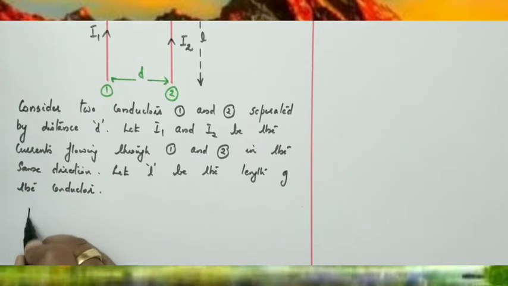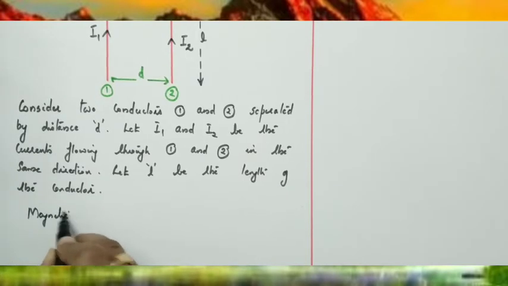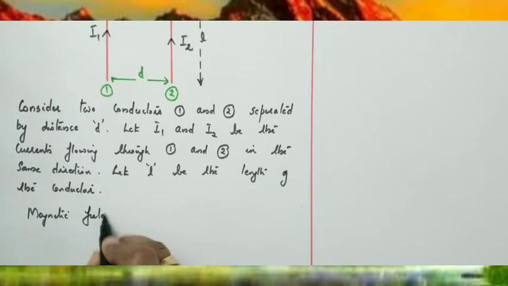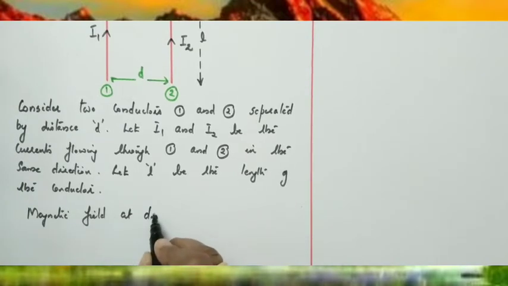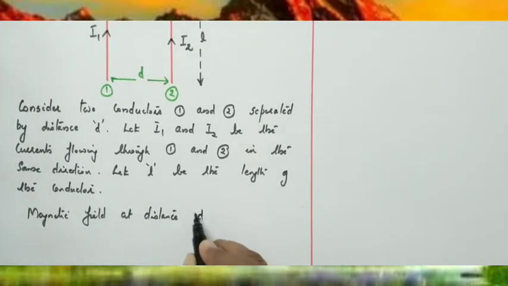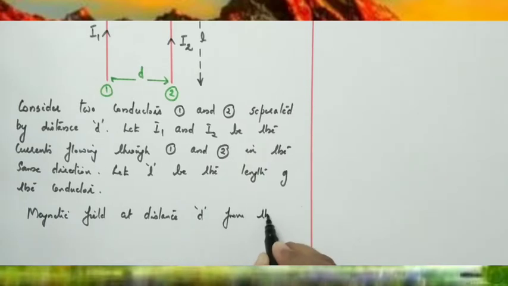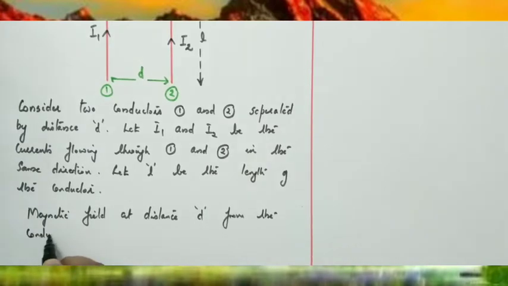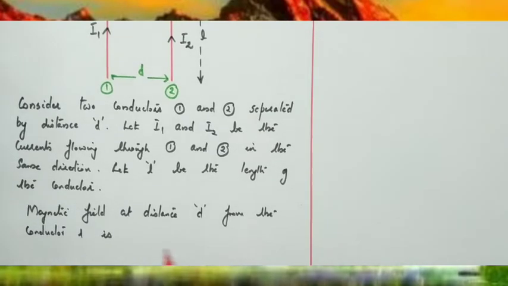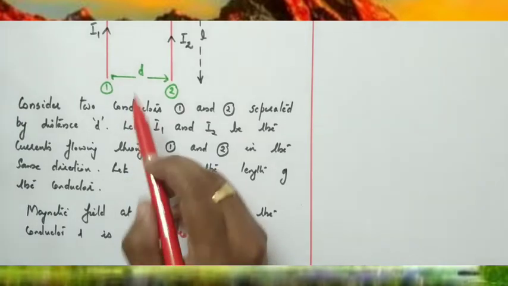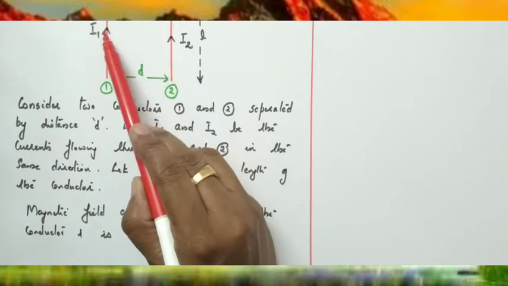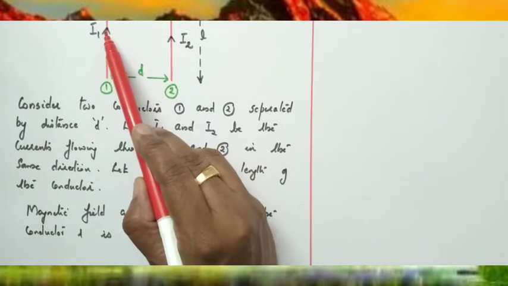So, if we consider the first conductor, the magnetic field at distance d from conductor 1 is given by the formula B equal to mu 0 I divided by 2 pi R. Here we can write B equal to mu 0 I1, because we have taken the magnetic field at the point due to the first conductor, and I1 is the current flowing through the first conductor.